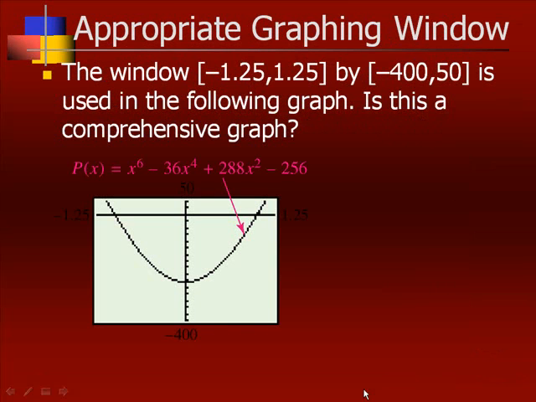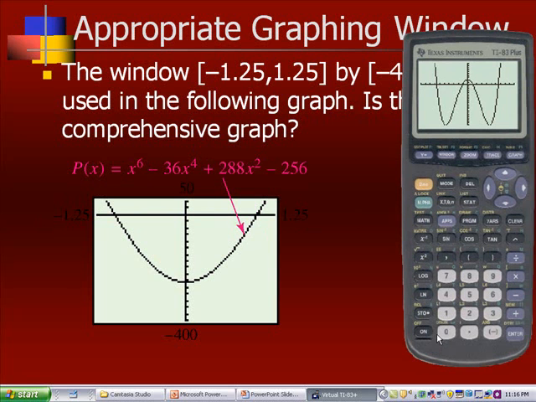Now, the window negative 1.25 up to 1.25 by negative 400 to 50 is used in the following graph. Is this a comprehensive graph? Well, what you've got to look at is this is an x to the sixth. So yes, both ends are going up, but there could be at most 5 turning points, and we're only seeing 1.